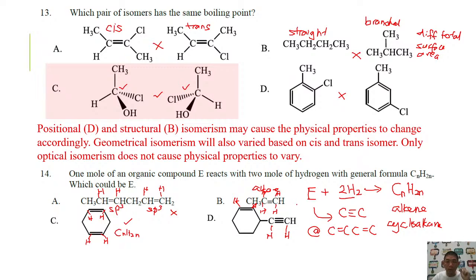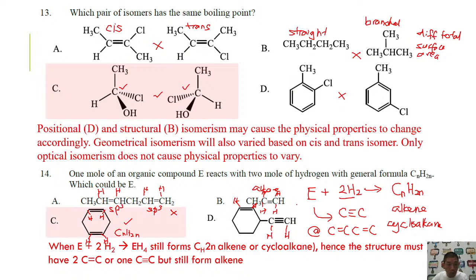Cycloalkene is CnH2n minus 2. So that is why in here, D cannot be the answer. So our best answer is still C. Okay, so that is for question number 14. So you must be very careful on the way you look at your answer inside here.